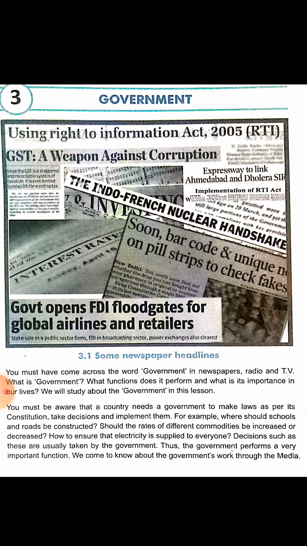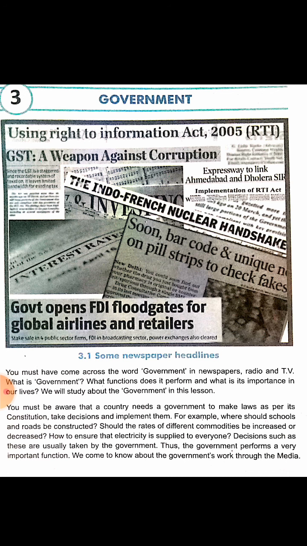So, in a simple way, a definition is there for government. What is government? To make laws as per its constitution.